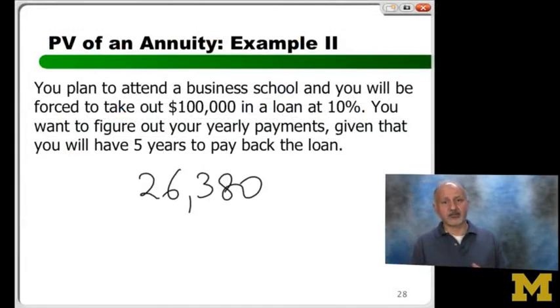And I think what this is telling you is, and I kind of rounded things off again without decimals, it's telling you that I or you, whoever is borrowing the money, will get $100,000 today, but will have to pay $26,000 plus 380 5 times.